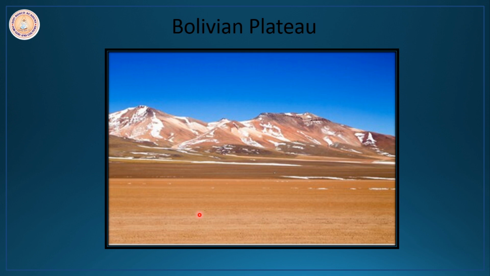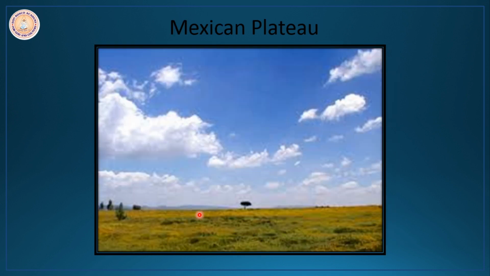It is also known as the Altiplano. The Mexican Plateau is found between the eastern and the western Sierra Madre of the western Cordilleras, that is, the Rocky Mountains in North America.